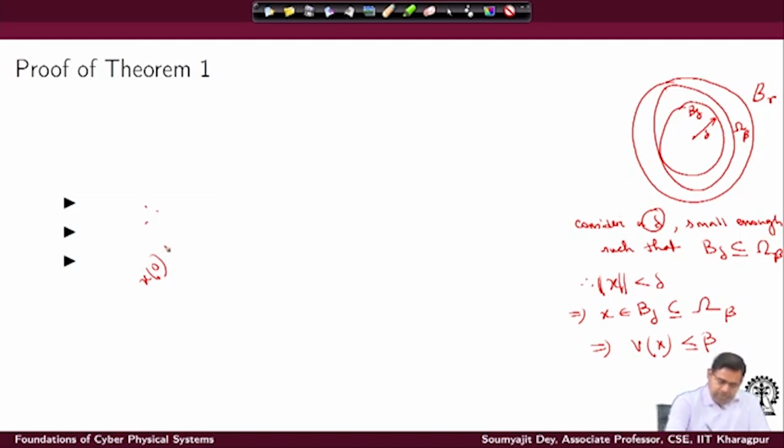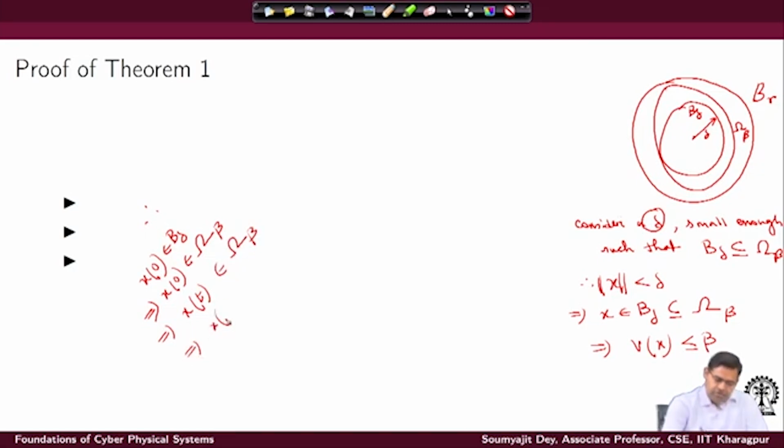If x starts inside this, then x is also starting inside omega beta, and that means in future x t is located inside omega beta.